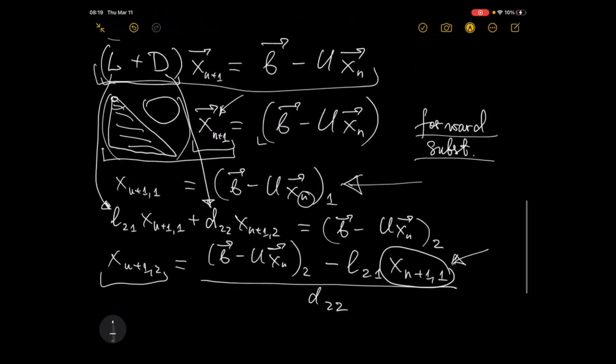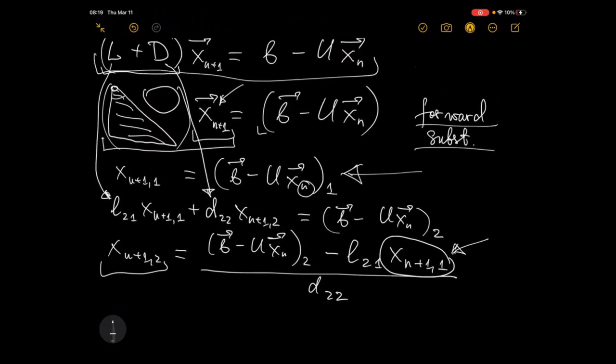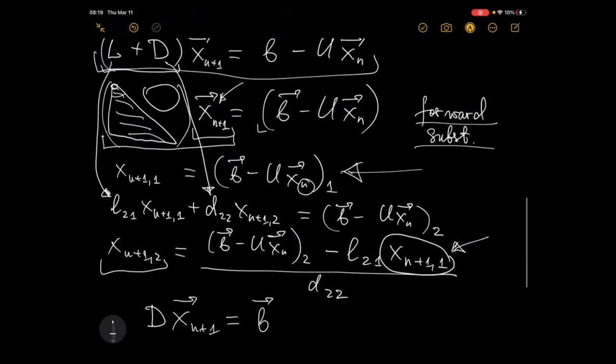So you can either apply forward substitution using the equation which you have already, or you can do the following: D x n plus 1 equals b vector minus U x n minus L times x n plus 1 vector.